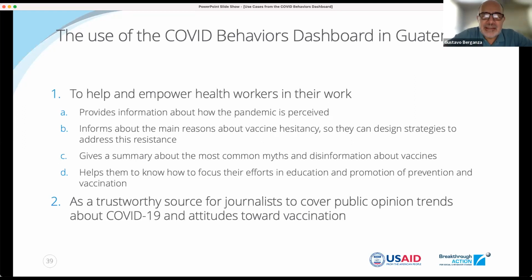We did a seminar in October where we presented this dashboard, and we explained to the health workers all the information that it has, and that can be used in order to enhance their work in fighting COVID. The second aspect is as a trustworthy source for journalists to cover public opinion trends about COVID-19 and attitudes toward vaccination.